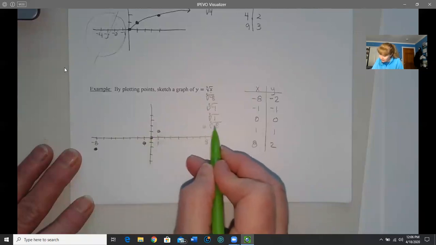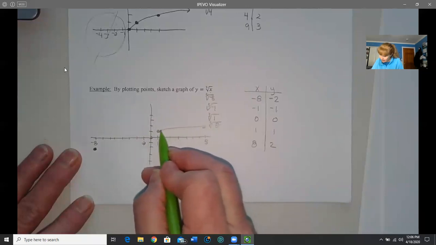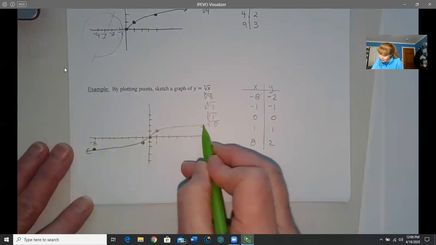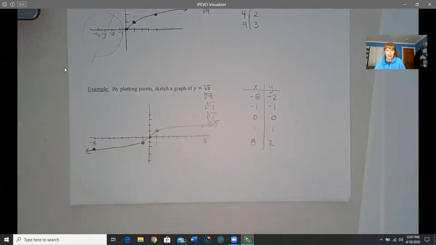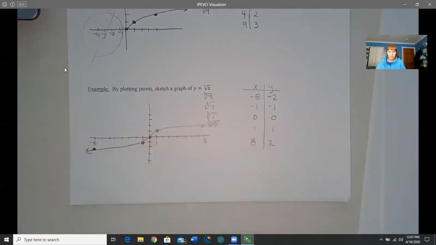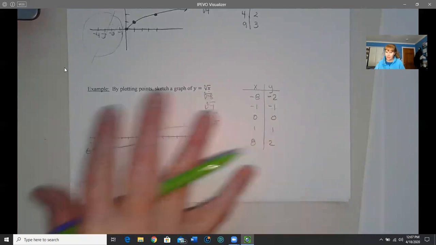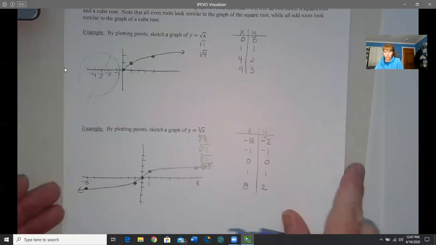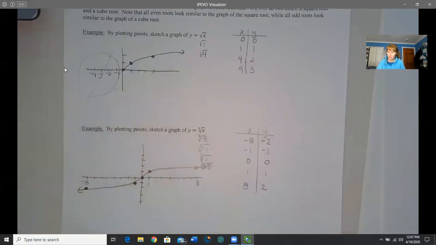What happens is it looks kind of like this, where these keep going up slightly and down slightly, but it's kind of like this curve here for your cube roots. And 5th root and 7th root and 9th root, these odd roots will have this shape to them, whereas your even roots will have this shape to them.